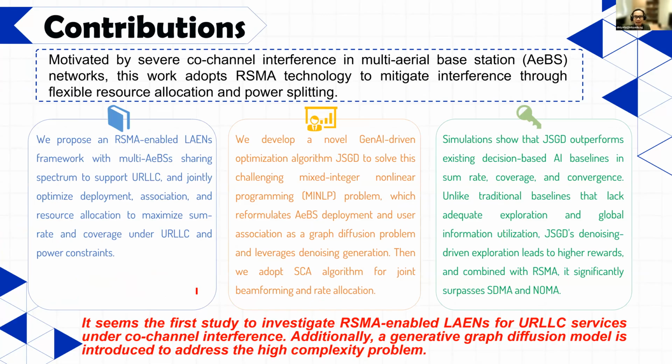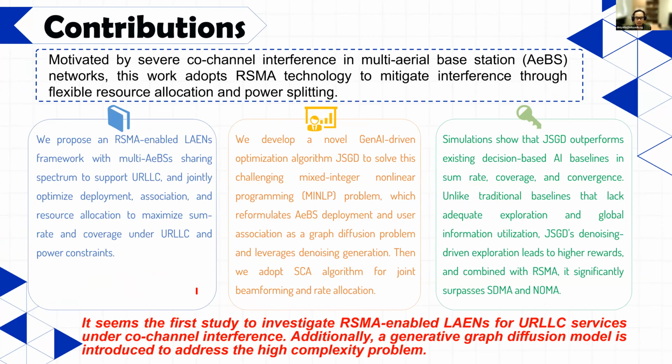So motivated by the coordinate interference in the multi-aerial base station network, we adopt the RSMA technology to mitigate the interference and to provide the flexible resource allocation and power splitting strategy.